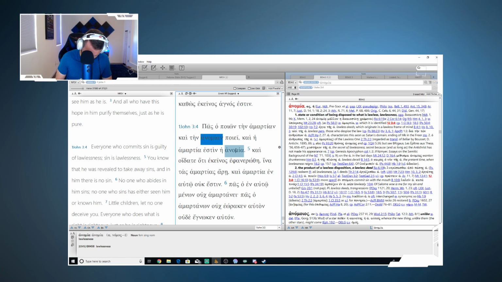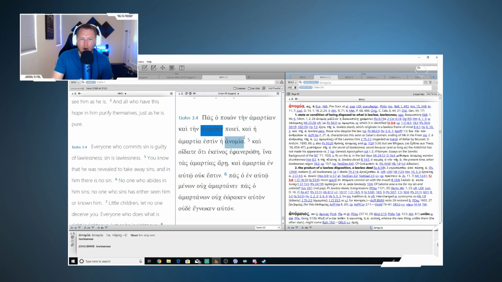Verse 5. Kai idate hoti ekeinos ephanerothe hina tas hamartias arei, kai hamartia en auto ouk estin. And you know that that one, or he, third singular aorist passive indicative, was revealed.